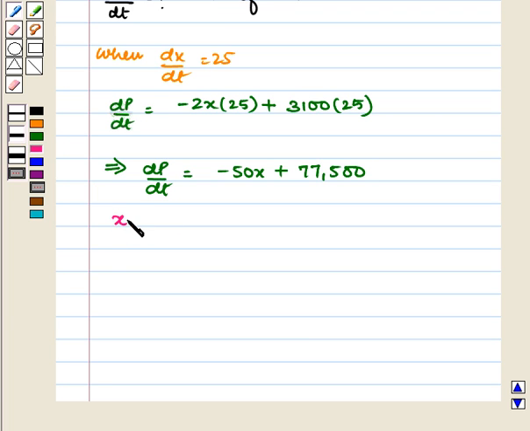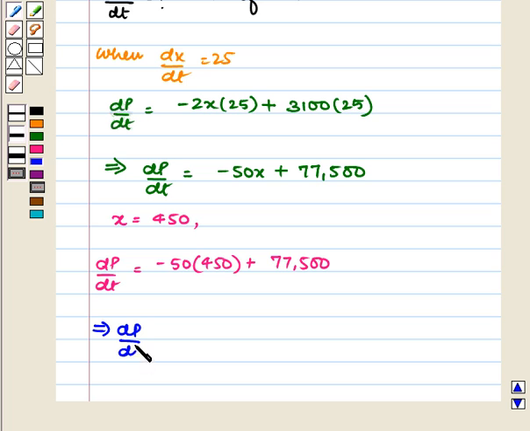So now on putting x is equal to 450, we get dP by dt is equal to minus 50 into 450 plus 77,500, which implies dP by dt is equal to minus 22,500 plus 77,500, which is equal to 55,000.